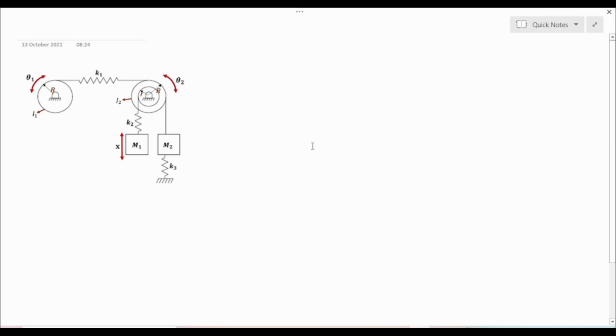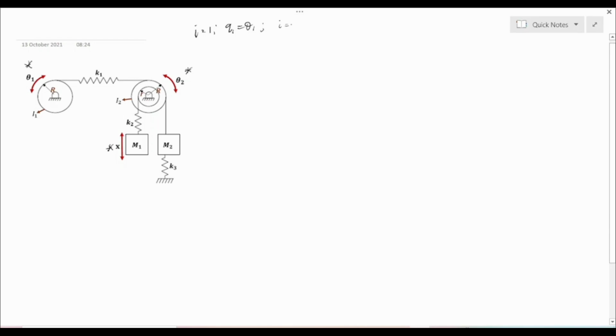So we're going to try to solve this problem quickly, and we've identified our generalized coordinates to be theta 1, theta 2, and x. So one can quickly say that when i equals 1, we have Q1 to be theta 1.